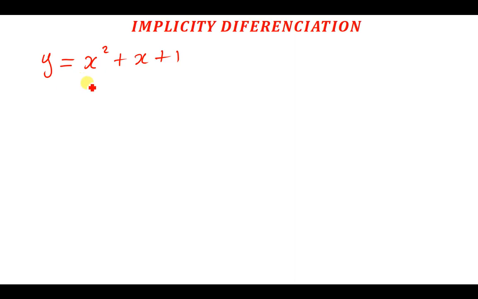Any equation that has the degree of x raised to more than 1, where this is n, then plus x to the n minus 1, plus x to the n minus 2, and so on. So if this n, the power of x, is greater than 1, we always call that a polynomial.